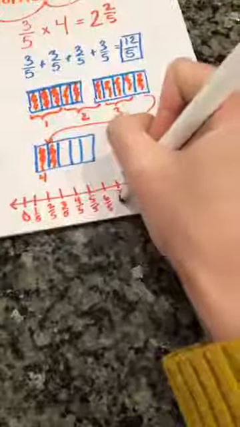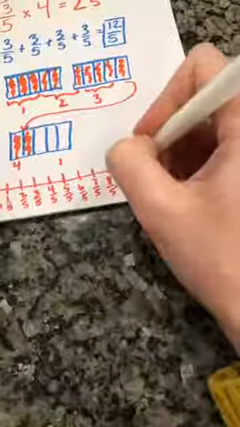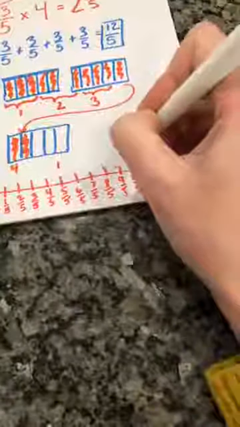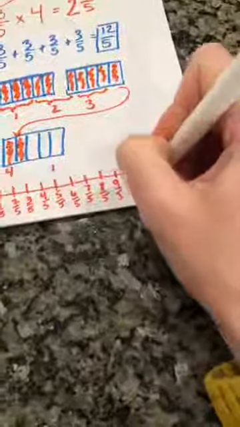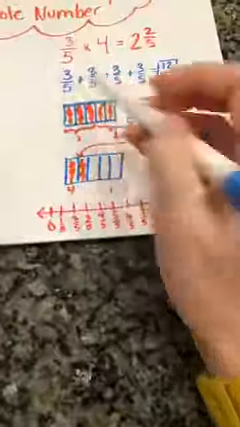And I am not one to consider this wrong. I just like to also rename that as 1. And the students start getting in the habit of seeing that as well. So that's 2. 1 and 2/5. Okay.